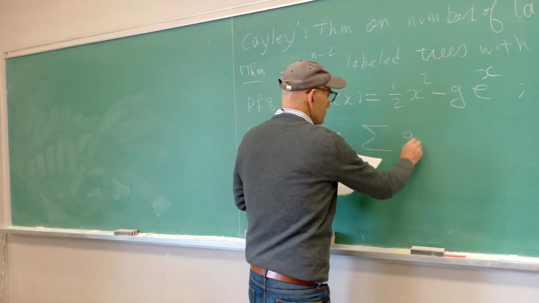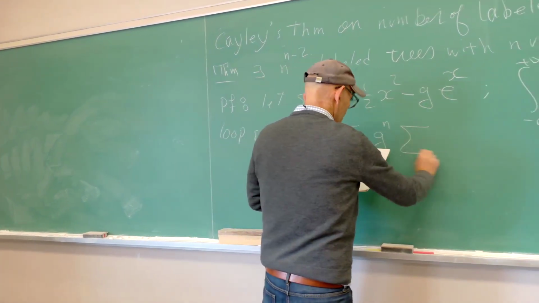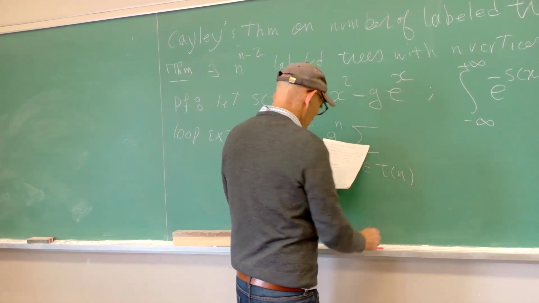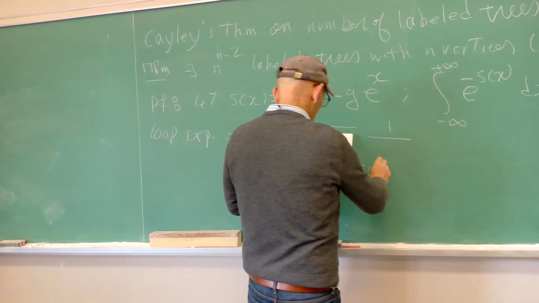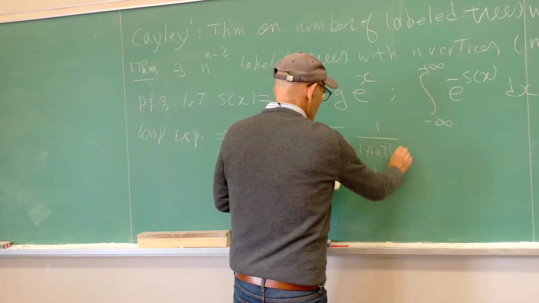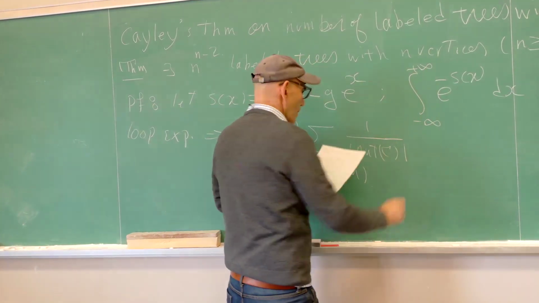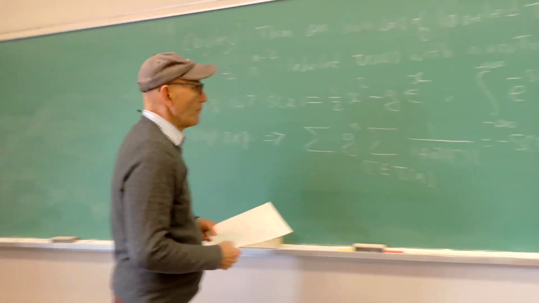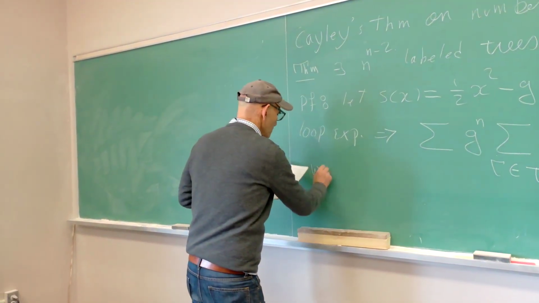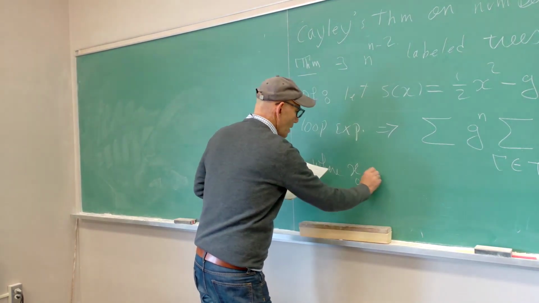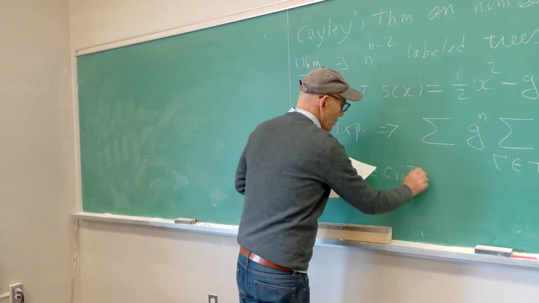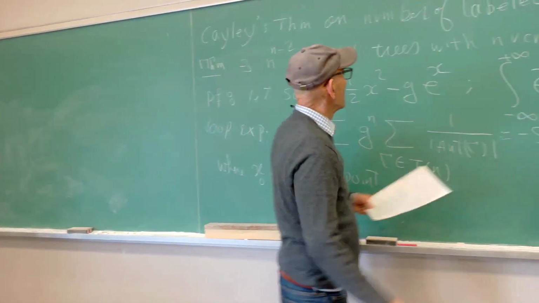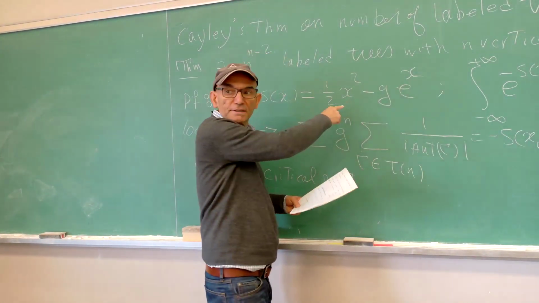the sum over g to the n, sum over gamma belonging to T_n, of 1 over the order of the automorphisms of gamma, is equal to minus s of x0, where x0 is the critical point of this function, s of x.